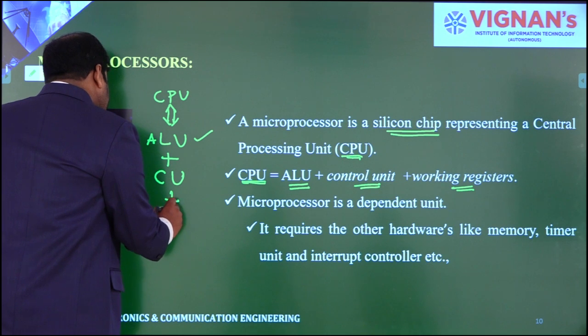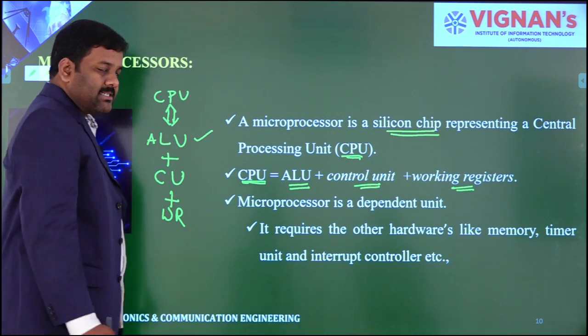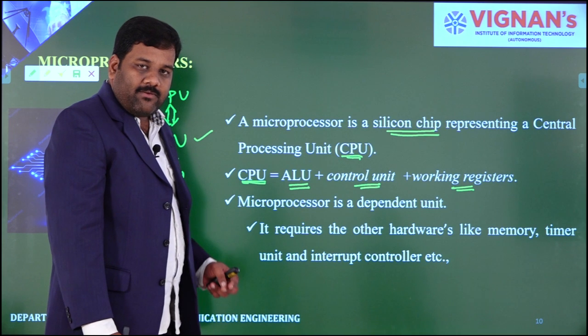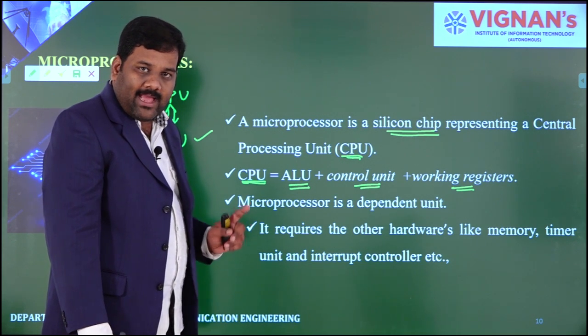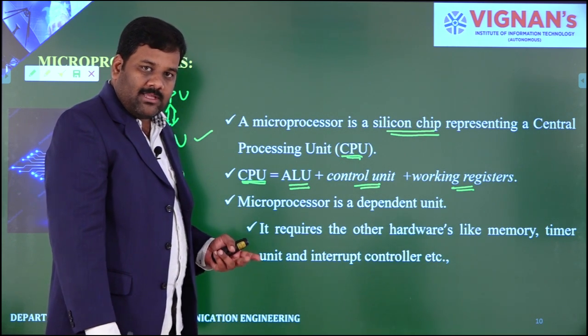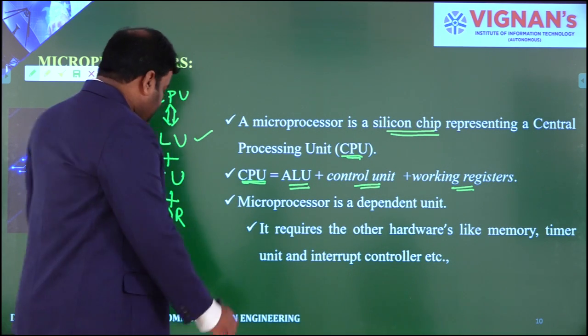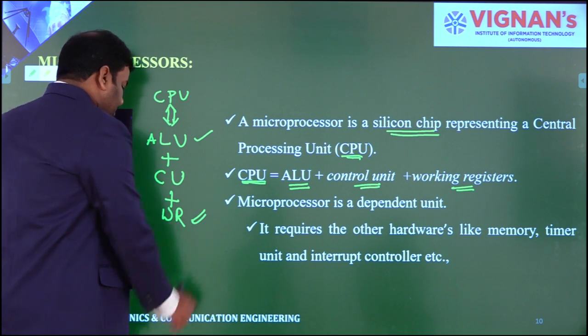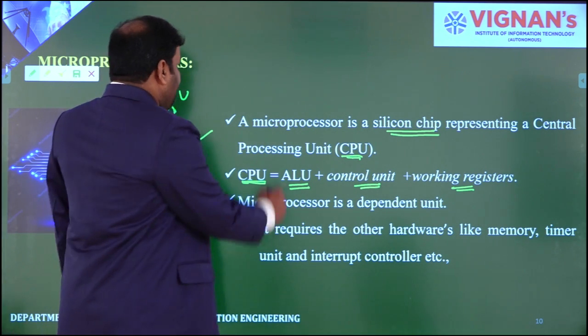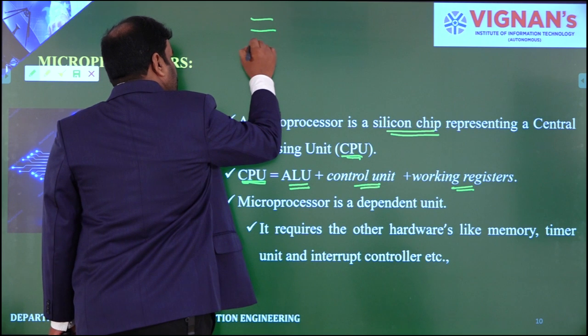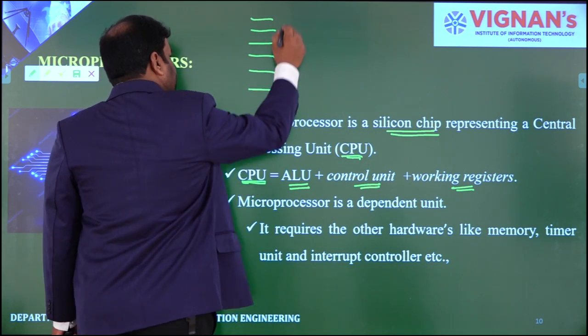And the last one is working registers. Whenever you perform any action or task, that task's input and output has to be stored in working registers only. For example, I have a 6 line program.